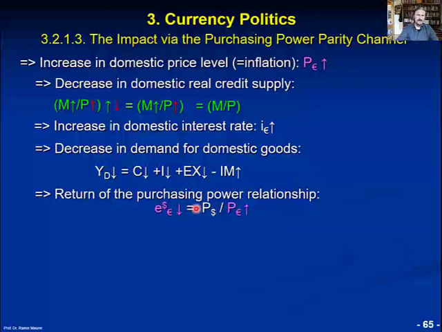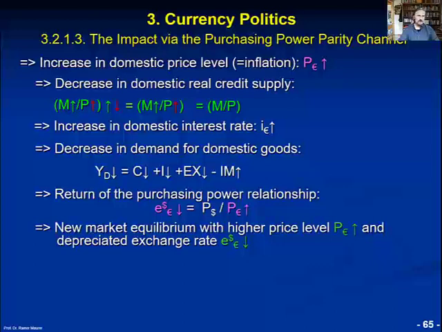So we have the return of the purchasing power parity relationship, but at a lower exchange rate level. So the exchange rate stays on a lower level since the domestic price level stays on a higher level.